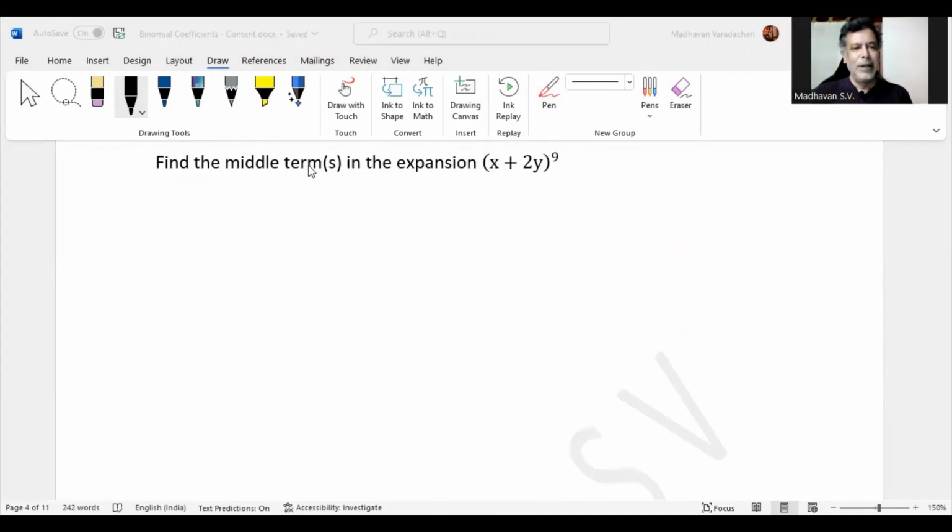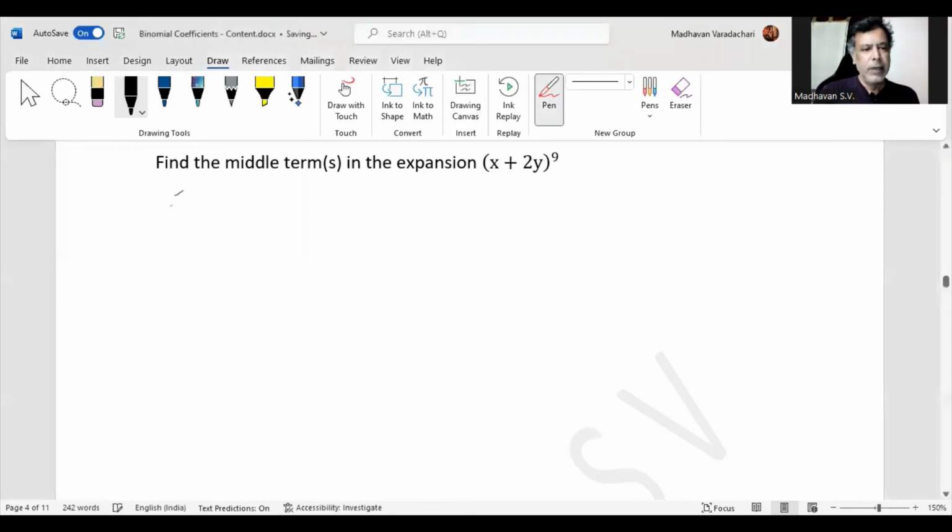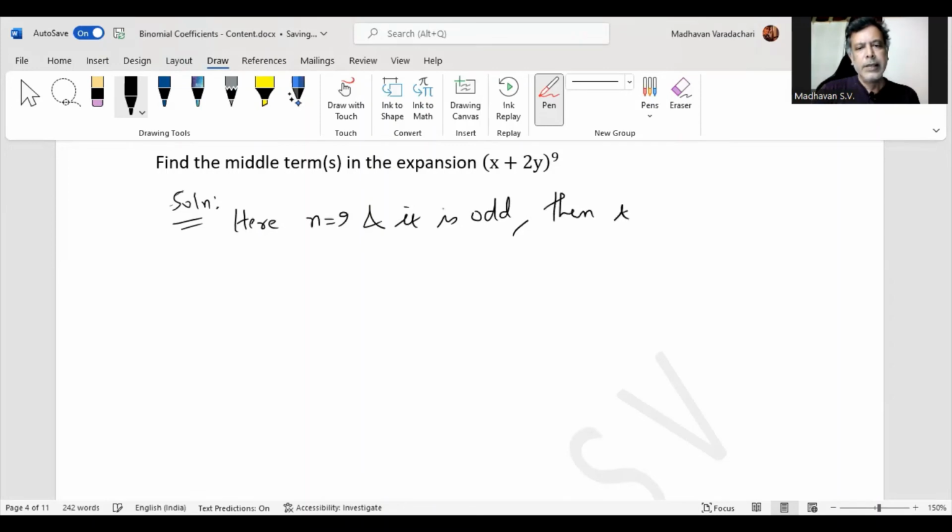Find the middle term or middle terms in the expansion x plus 2y to the power of 9. So in a binomial expansion, if the n is odd, let me write here, n is equal to 9 and it is odd, then its middle terms, there will be 2 terms.